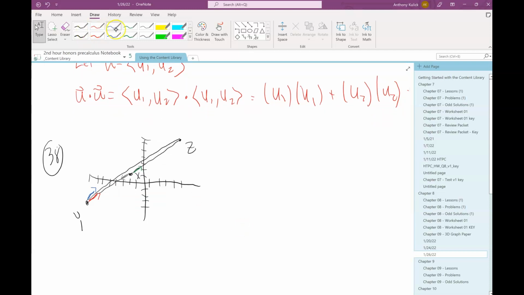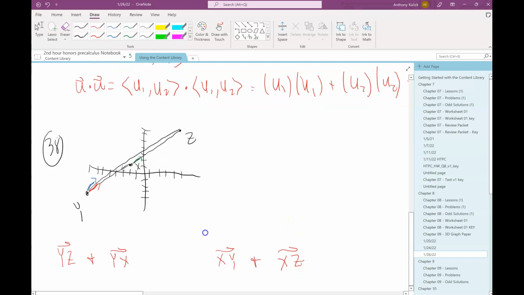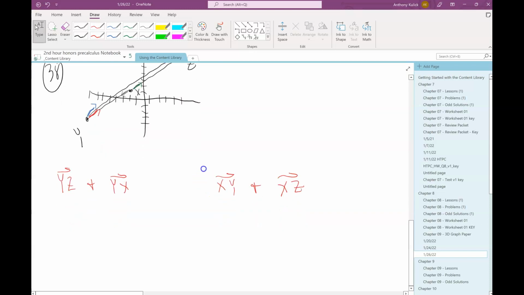So we'll start here. The first ones I need are YZ, and then YX, and then I need XY and XZ. When I do YZ, I'm going to do Z minus Y, so that's 13, and then Z minus Y, so that's 11.